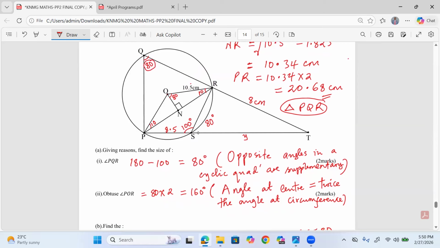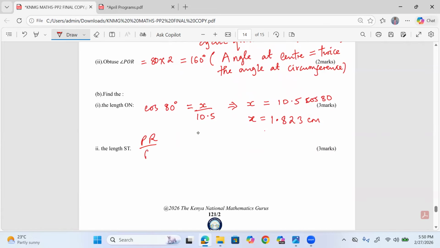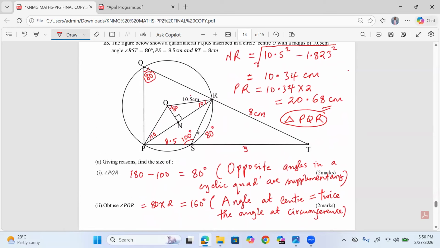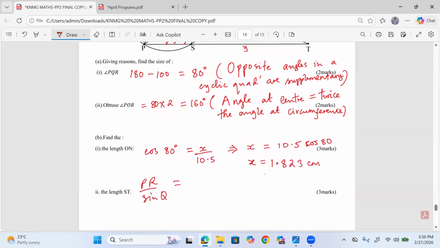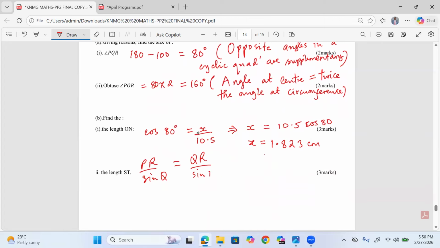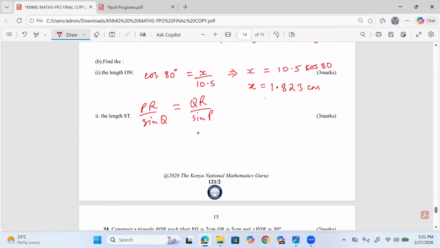So PR over the sine of the angle at Q is the same as the length QR, which is unknown, over the sine of the opposite angle, which is the angle at P. The length PR, we have already found as 20.68 over sine of 80, and this is equal to QR over the sine of 50 degrees.